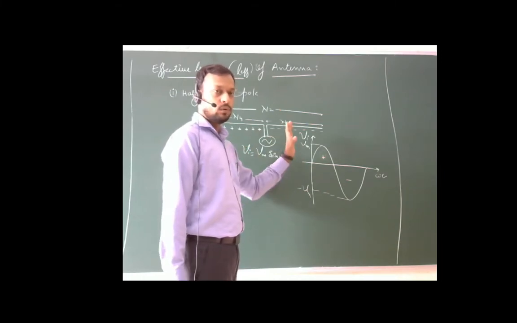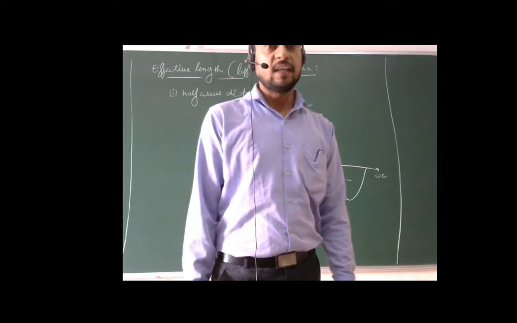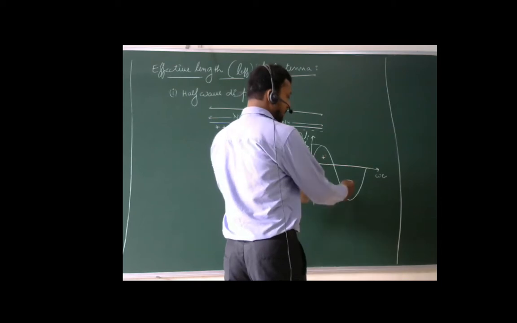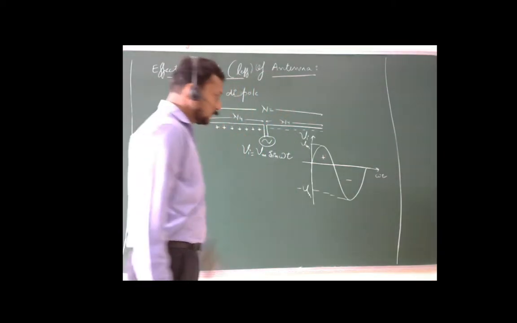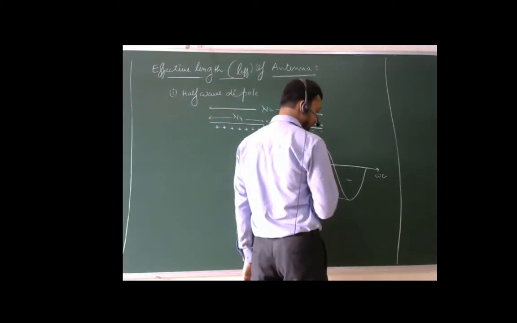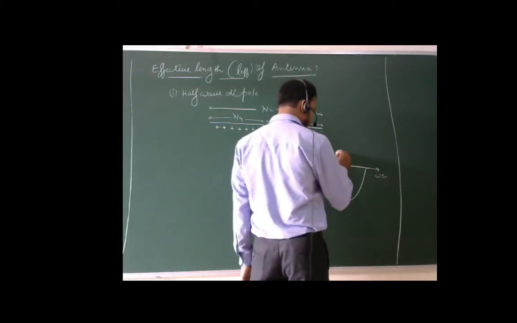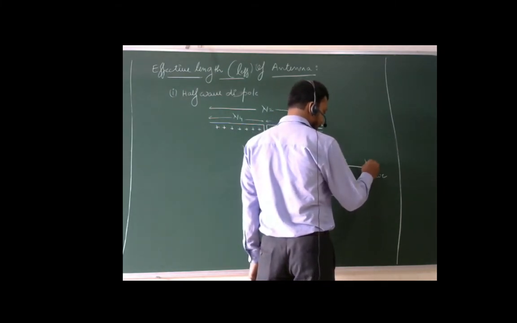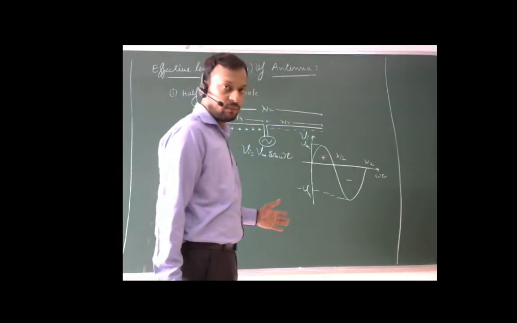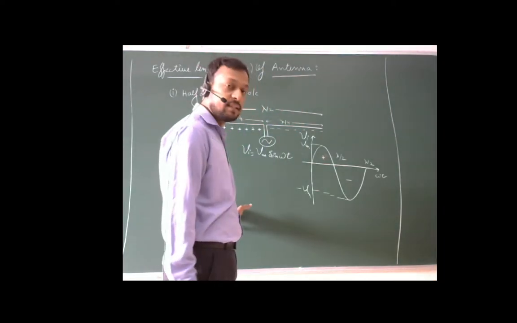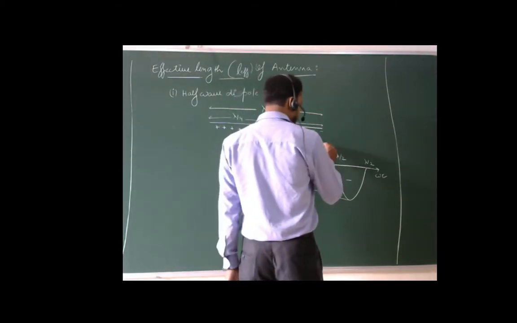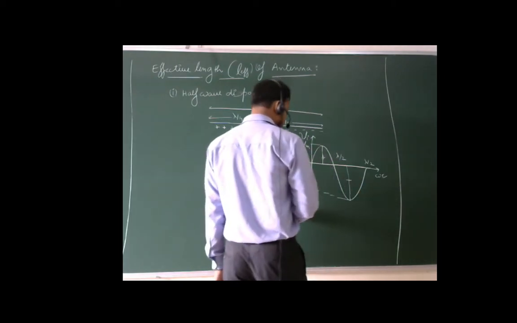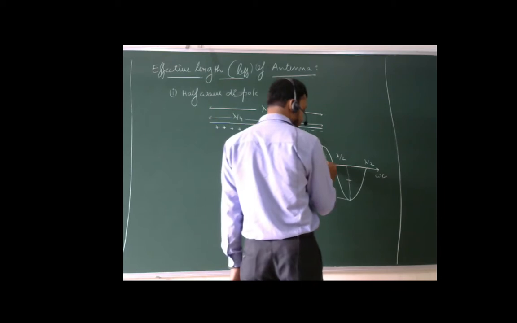What is the advantage of this half wave dipole? The total length is lambda by 2. Now if we take this axis in terms of lambda, this is lambda and this is lambda by 2. Whatever the axis, it depends upon the wavelength or the frequency as we have earlier discussed. So if this is Vm and this is minus Vm, this is a half wave, that is two poles, plus and minus.